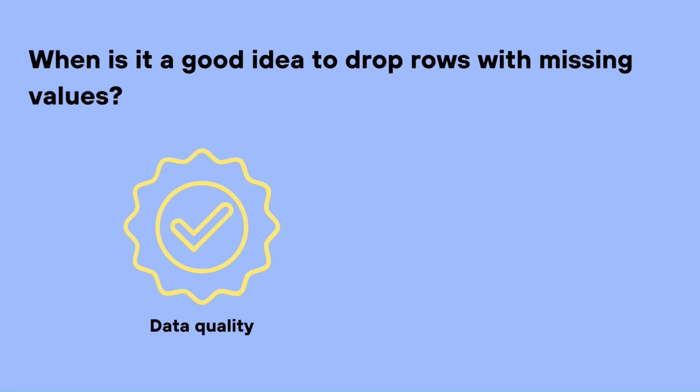When can we consider dropping rows a viable option? Well, we can consider it a viable option if those rows are affecting our data quality. Null values represent missing or unknown information in a dataset. By removing rows with null values, we can improve the overall data quality and integrity. Another case where we can deploy removing rows with missing values is if it's going to affect our statistical analysis.